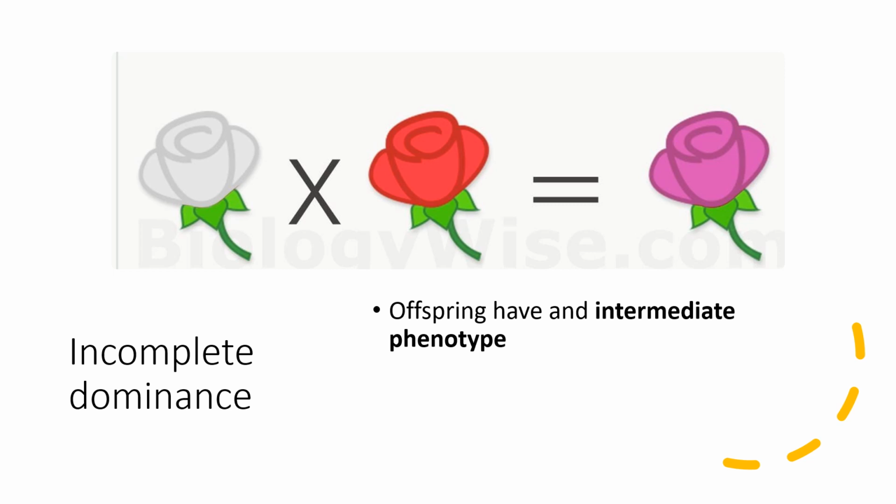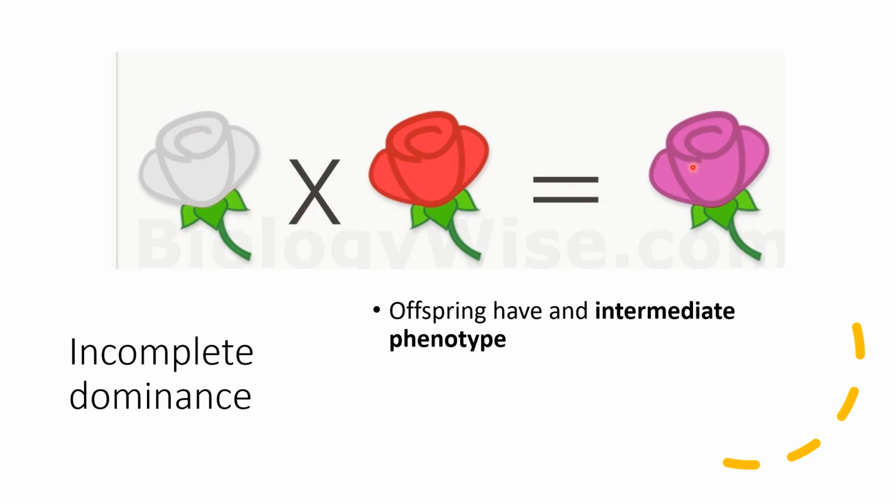So we also have what we call incomplete dominance. We have spoken about complete dominance, now we are speaking about incomplete dominance. When we talk about incomplete dominance, you have a red flower here, and a white flower here.